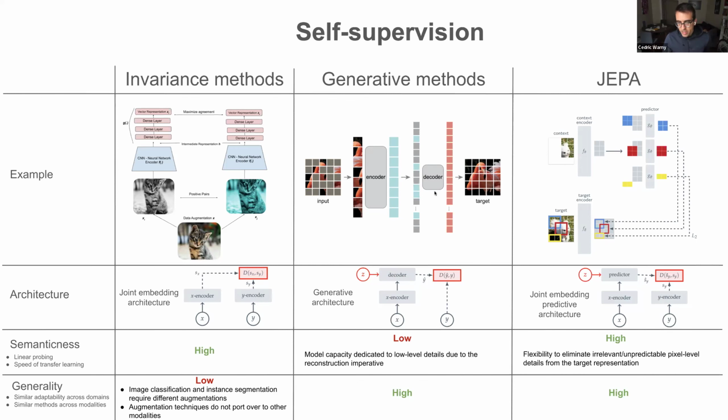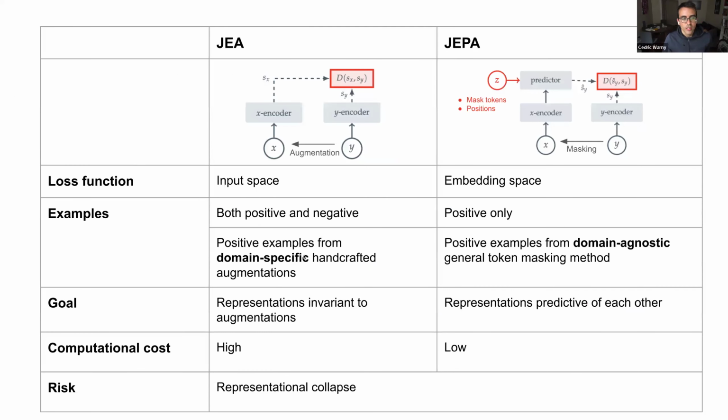So that's what I mean by handcrafted domain-specific augmentations. As opposed to that, in JEPA, the positive examples come from a domain-agnostic, general token masking method. That speaks for itself. Domain-agnostic means there is no handcrafted augmentation, you just mask. So it's a very domain-agnostic method.